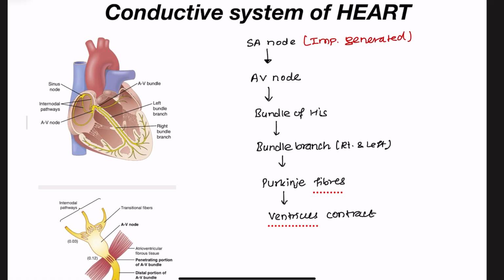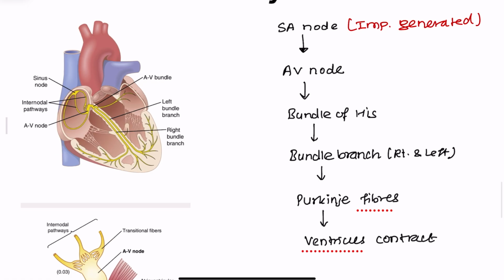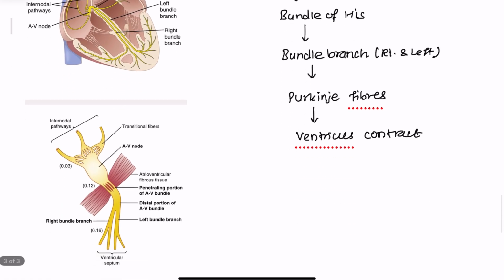For that, the special channel is named the Bachmann bundle, which is located in the anterior portion of the right atrium and originates from the SA node. So this is the Bachmann bundle. One mistake in this figure is that the Bachmann bundle is shown to originate from the AV node. It is actually mistaken here.